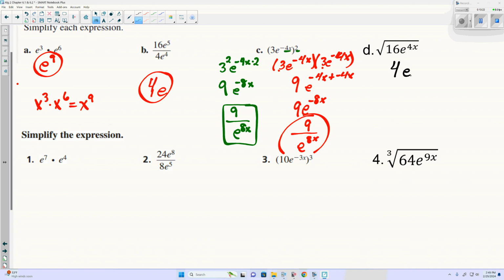Well, as we just saw, powers of powers multiply. What do you think we would do with a radical and an exponent? We would divide. So we're going to divide our 4x by 2. And 4 divided by 2 is 2. We still have our x. So the square root of 16e to the 4x is 4e to the 2x. That's it.